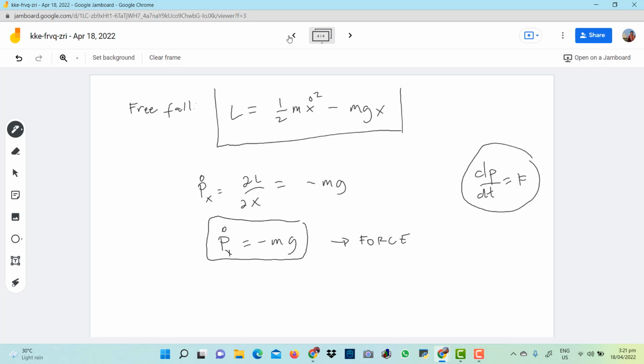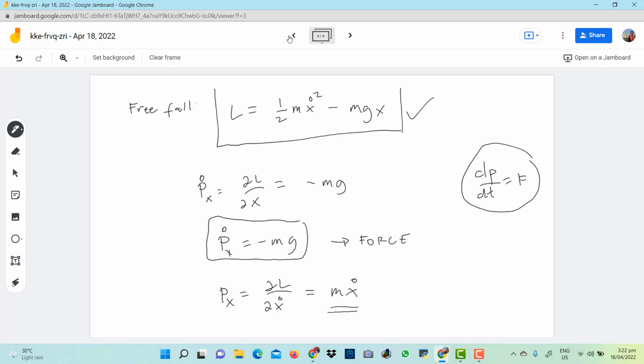And then our px is equal to partial L with respect to x dot. If you differentiate the Lagrangian with respect to x dot, you will get m x dot, which is just the momentum of a freely falling body. So px is equal to m x dot, while p dot x is equal to minus mg.